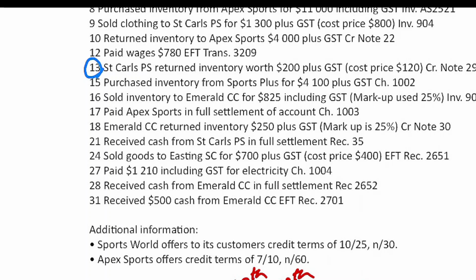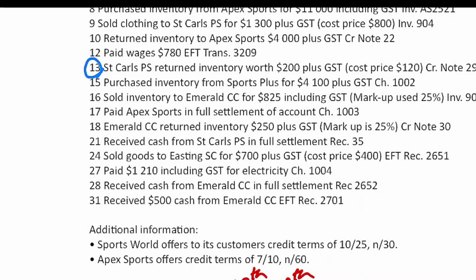No. I told you. Remember? Why don't we reverse into the sales rather than use the sales return account? Because if we simply debit the sales, then the owner wouldn't know how much has been returned.